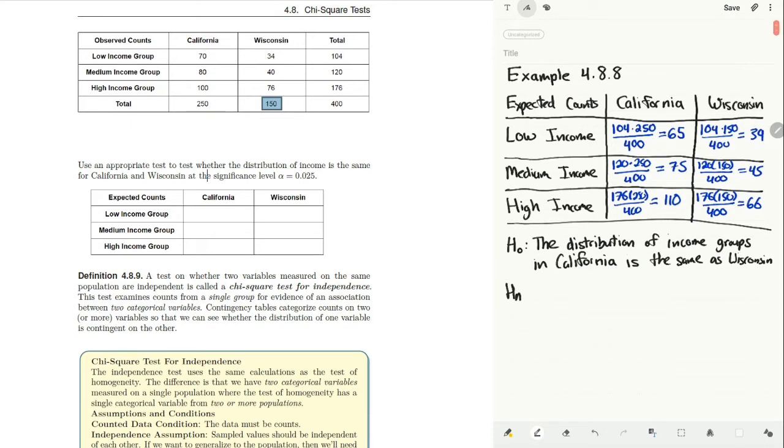And the alternative is that at least one of the proportions of income groups differs between the states.